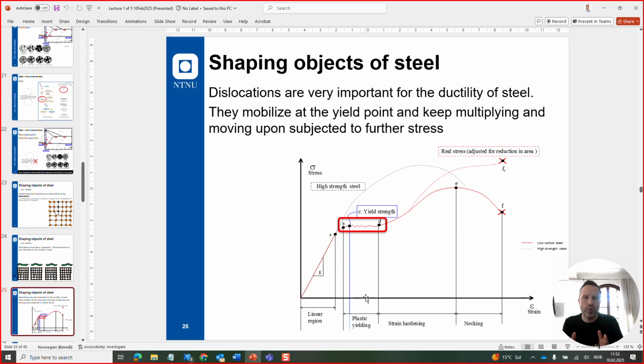Now, again, in this curve, it has been exaggerated for steel. In many steels, this part is not very visible or not prominent at all. It could be just a small nick and it goes straight over to the strain hardening phase.